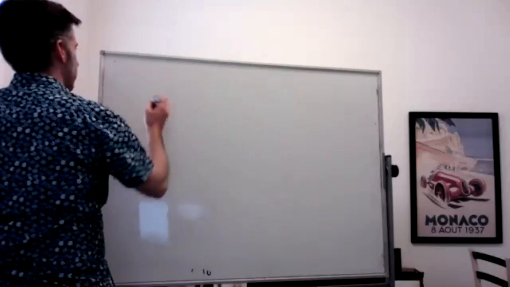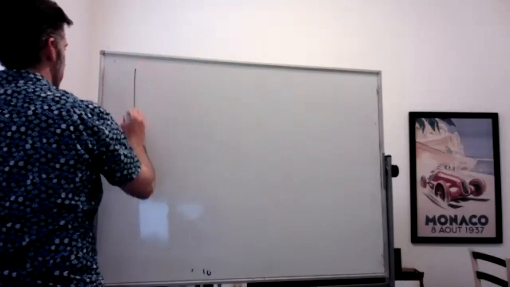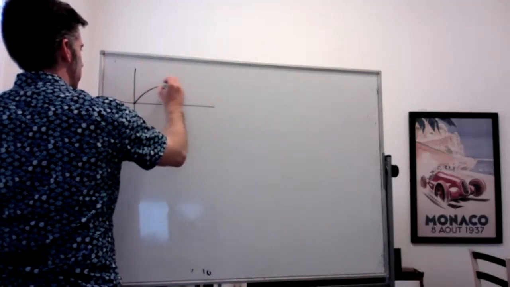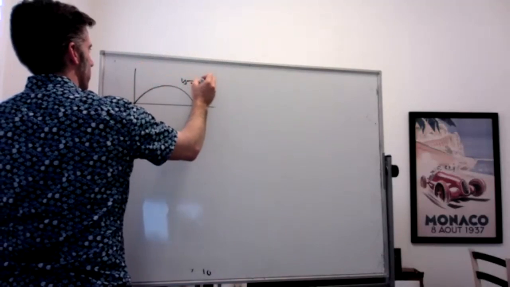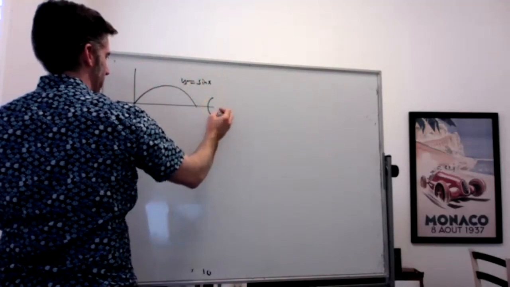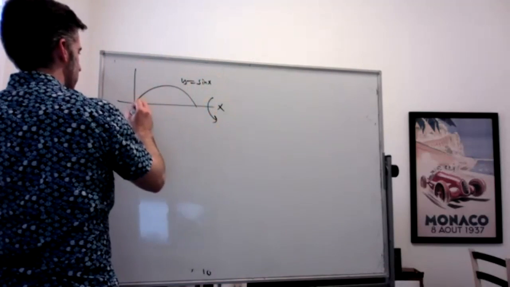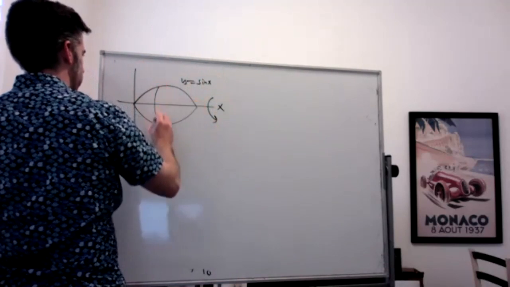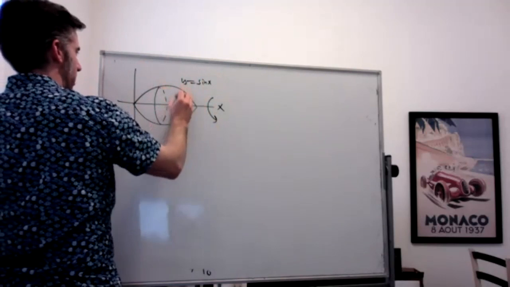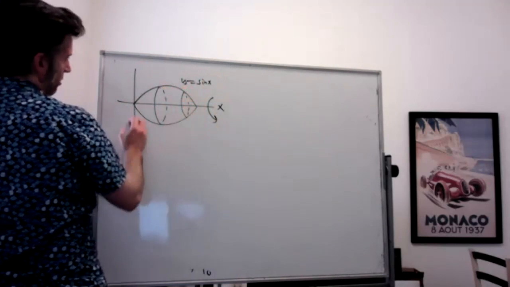Same shape, right? y equals sine of x. I want to revolve it around the x-axis, so it'll look like this. It's kind of like maybe a seed shell or something.